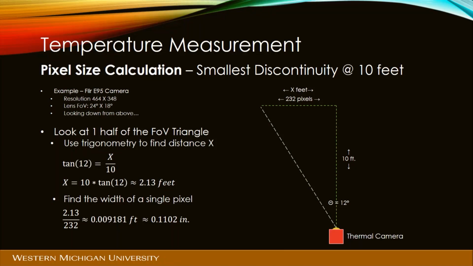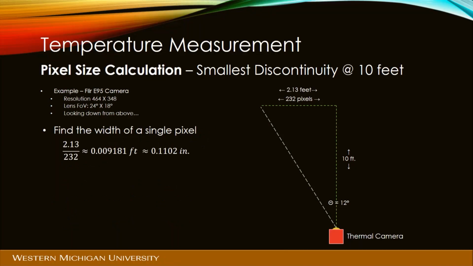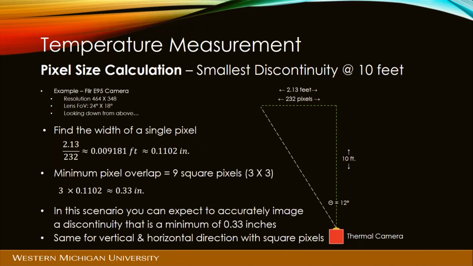Bring that up here. So the minimum 9 square pixels is 3 by 3. So the smallest discontinuity that I can image is 1/3 of an inch, 0.33 inches.